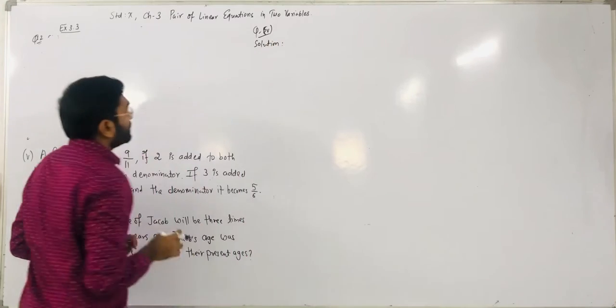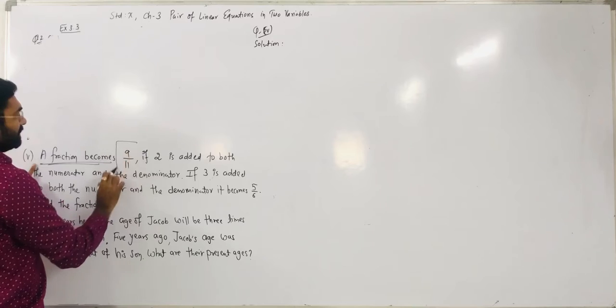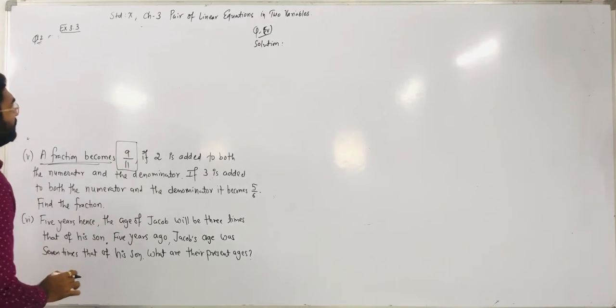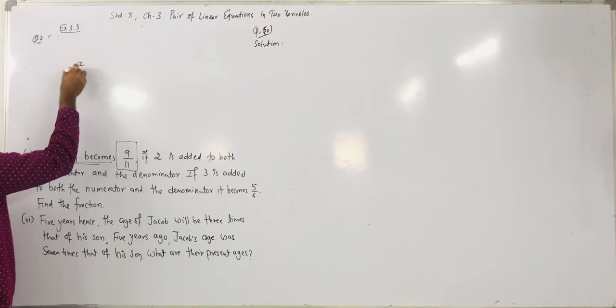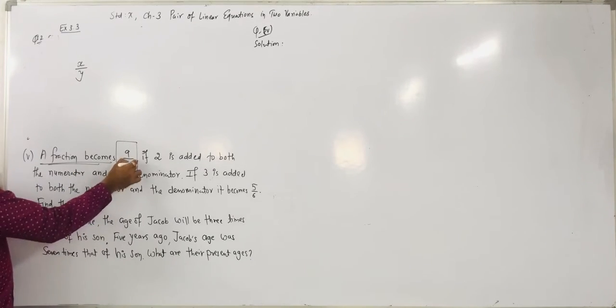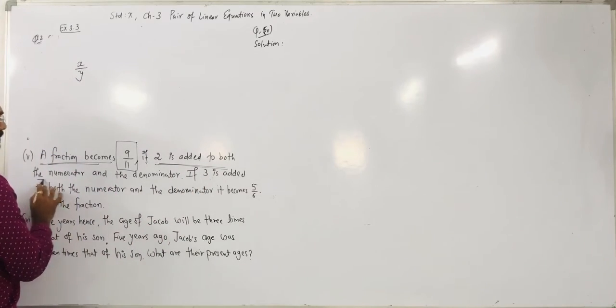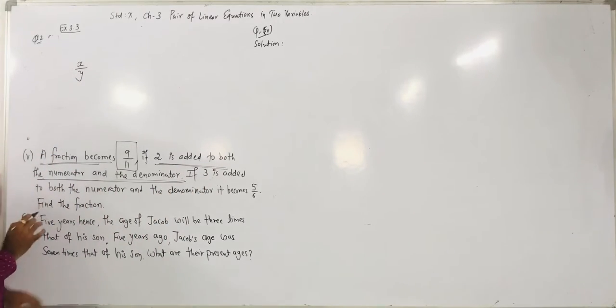So read the question. A fraction becomes 9 by 11. Normally, how can we write a fraction? Numerator upon denominator. Here there is a number as the numerator and a number as the denominator. So they said the fraction becomes 9 by 11 if 2 is added to both the numerator and the denominator.